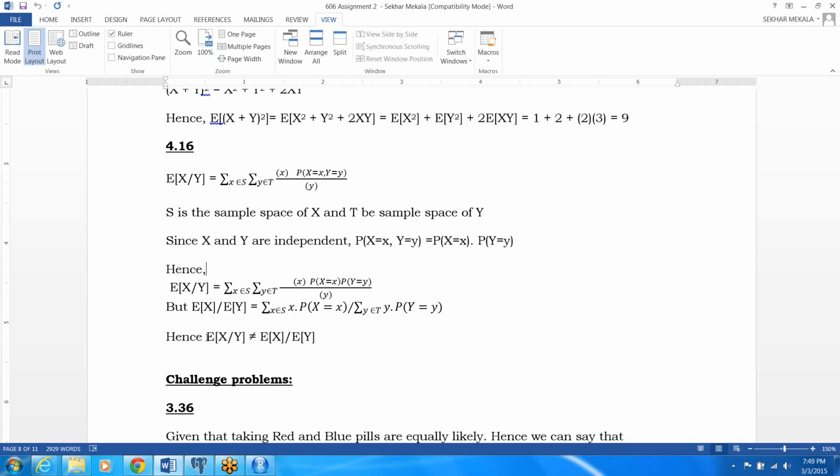So the expected value of x divided by y is equal to 1/2, and the expected value of x over the expected value of y is 1 over 2, which is also 1/2. So they are equal in that case. It's a really simple, trivial example of where they come out equal. I'm sure if we put our minds to it, we could come up with a more complicated one, but that one works.